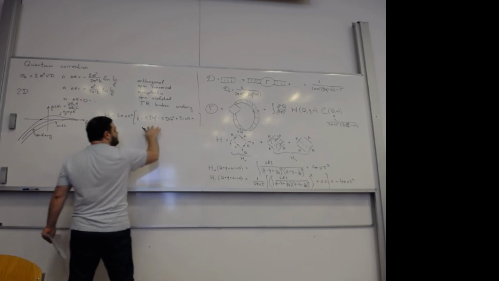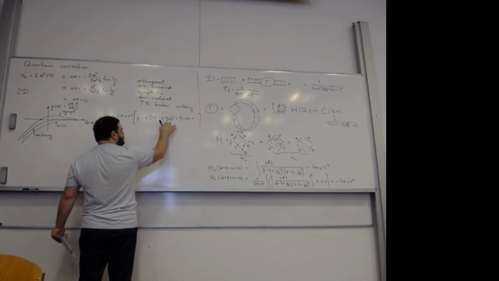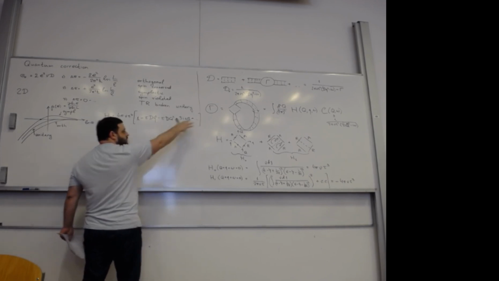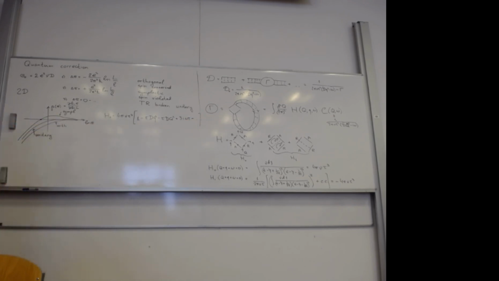So this is an expansion in small momenta and small frequency, up to linear order in this one and quadratic order in this one. You can expand further, but we don't need further terms. Any question?